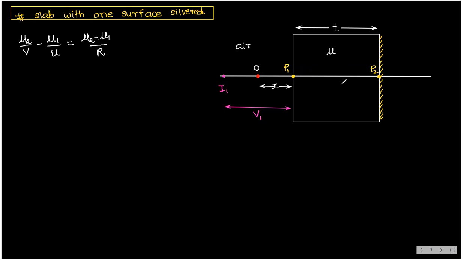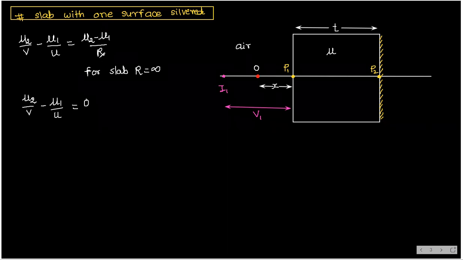So for this slab, R is equal to infinity, because this is straight. That's why the first equation I am getting is mu2 by V minus mu1 by U is equal to zero, because R is infinity and 1 by infinity is equal to 0. Yes, understood?